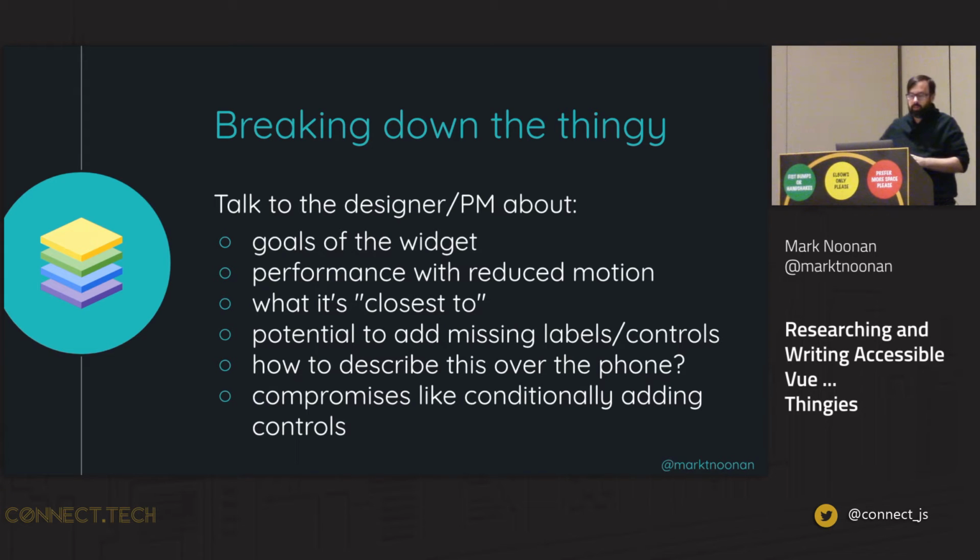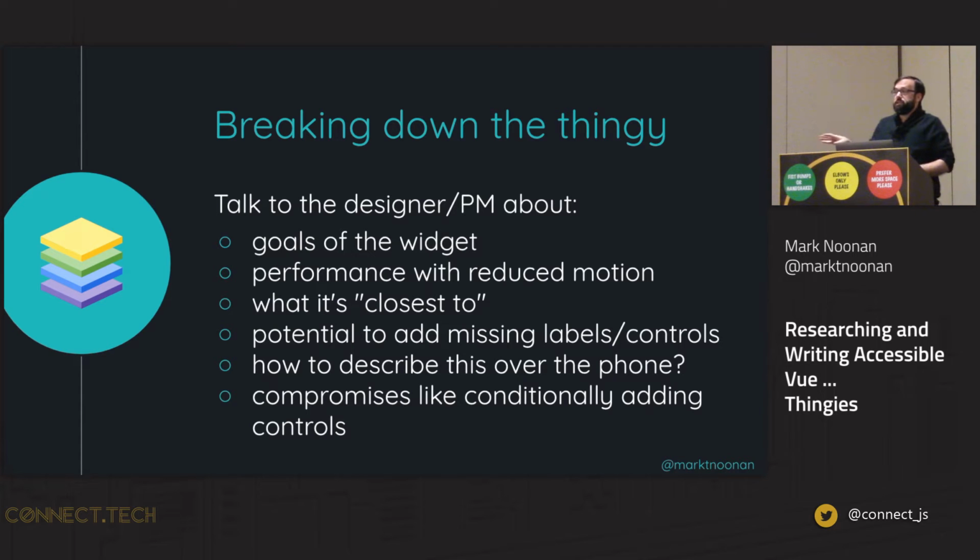So what are the goals of that widget? What does it do with reduced motion? In the previous video, we saw that as you zoom in, you kind of lift off the top layer, and it's sort of clear what's happening. We're going within the thing that we just saw. But if you have reduced motion turned on, and you visit something like this, a lot of times what happens is the animations turn to 0 seconds or 0.01 seconds or something like that.